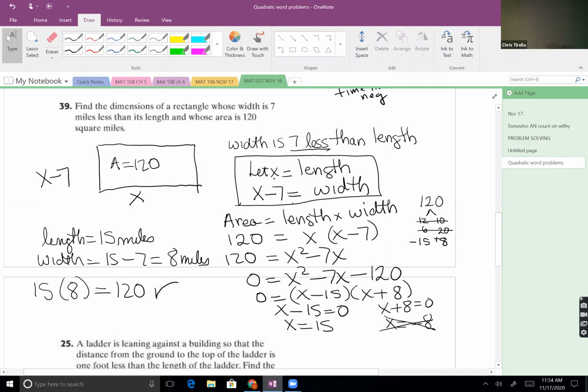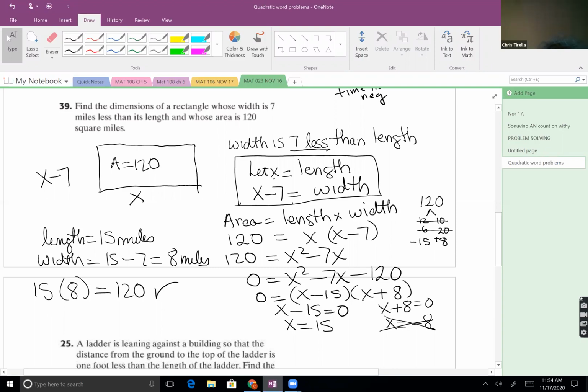Did anybody else get the dimensions of that rectangle to be 15 times 8? Are these on the test?